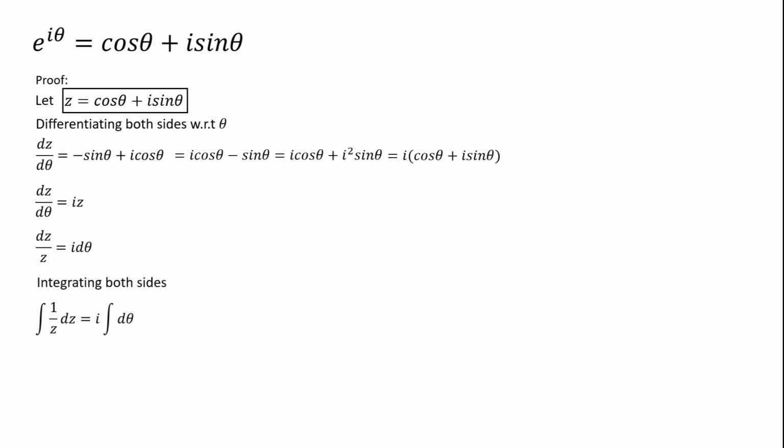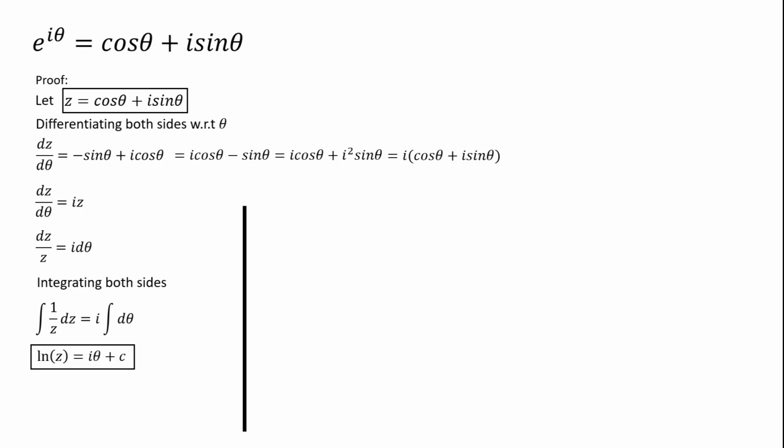So we will have the integral of 1 over z dz is equal to iota, which will be out of the integral because it is a constant, and inside the integral we will have d theta. So by integrating both sides, 1 over z will be ln of z, and d theta will be iota theta plus some constant c.